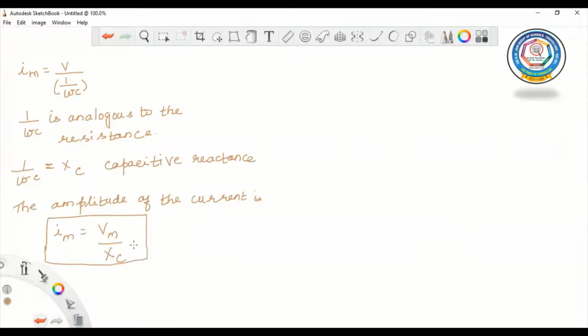In the case of a resistor, this will be R. In the case of an inductor, this is XL. But here it is Xc.